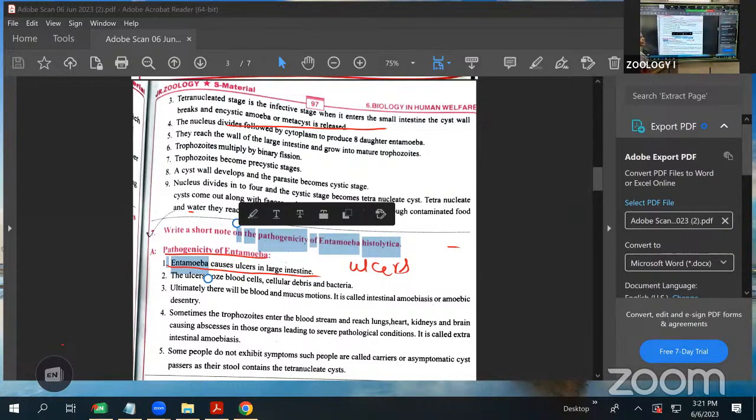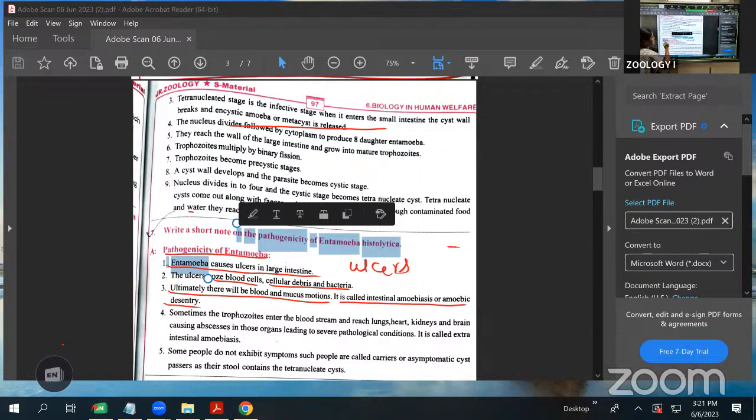When ulcers are formed, blood oozes out, along with blood cells, cellular debris and bacteria. Ultimately there will be blood and mucus in the motion. This is called intestinal amoebiasis, or amoebic dysentery.